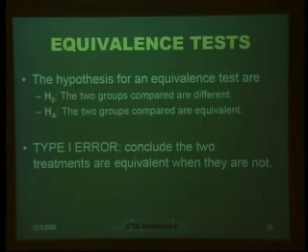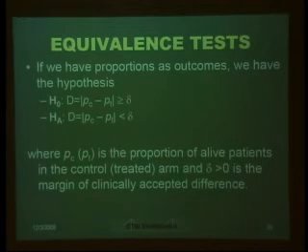And my type 1 error would be to conclude the two treatments are equivalent when they are not, when they are different. And we state our hypothesis in terms of the differences between the two proportions. So I'm comparing two groups. Although the example has 4 groups, I'm showing you the test for comparing 2 groups. And our hypotheses are stated in terms of the difference of the proportions of alive patients.